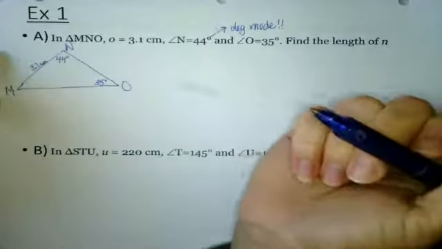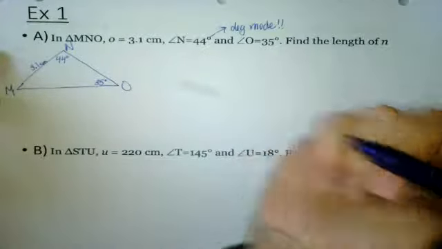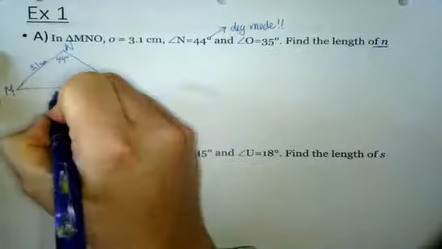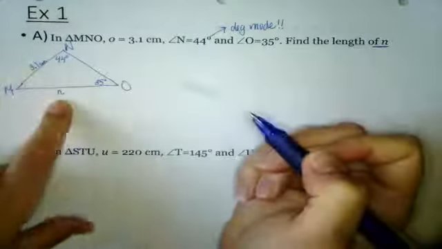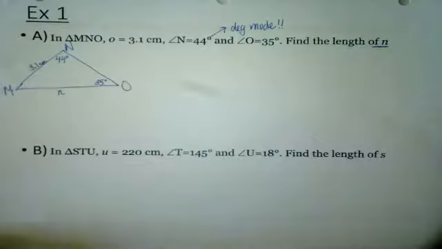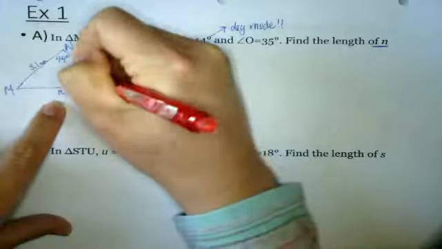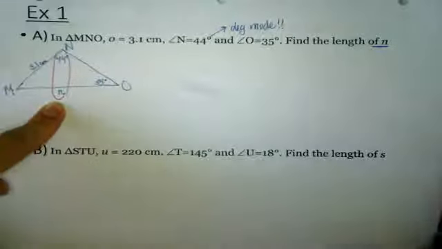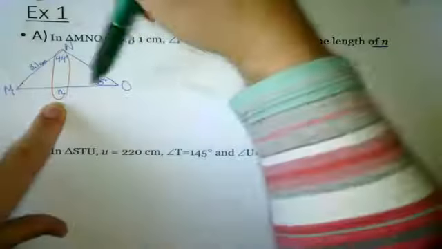It's absolutely essential that you draw the picture. We want to find n. So where is n? n would be right here, and n is the unknown we're trying to find. So I always start with that. I see that n is opposite angle N. So I have a side-angle pair, and I have another side-angle pair.